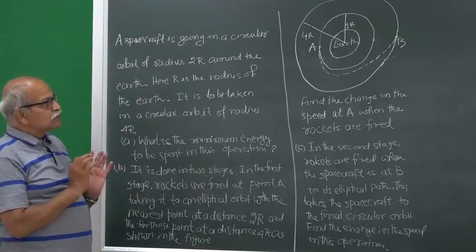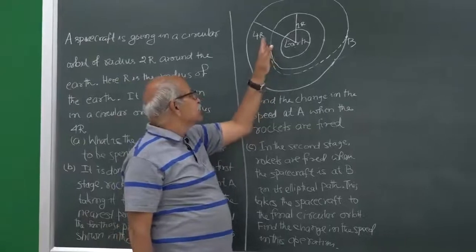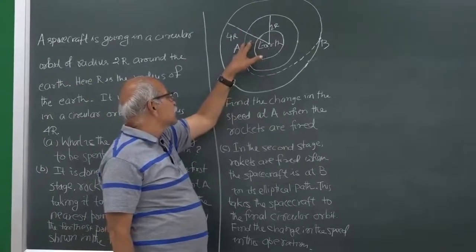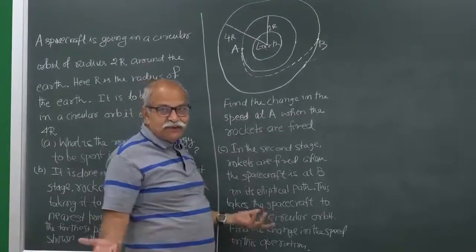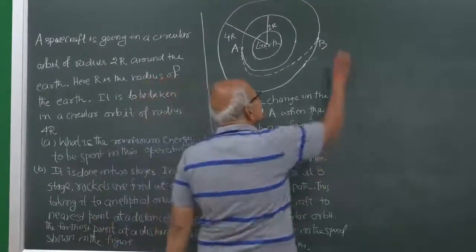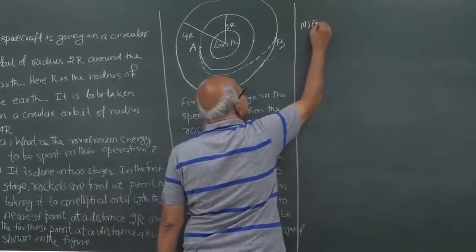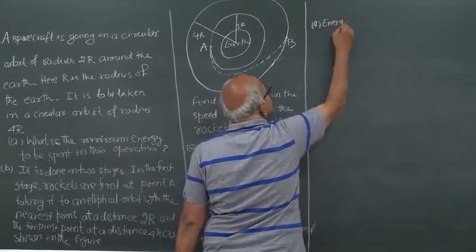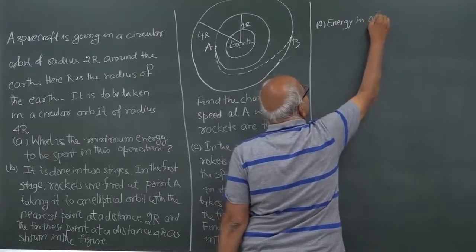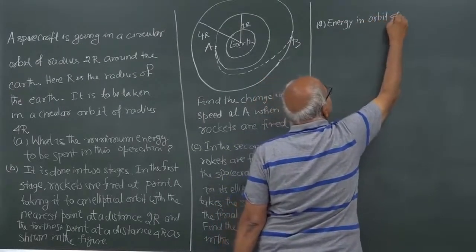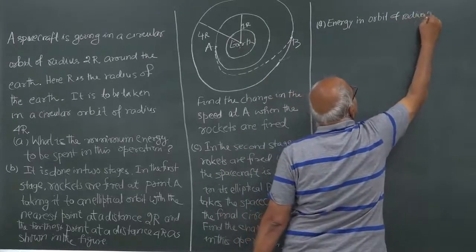So, minimum energy to be spent is same as the increase in energy as it goes from this circular orbit to that circular orbit. That much we have to do if there is no other waste. Okay, so, part A, energy in orbit of radius 2r.